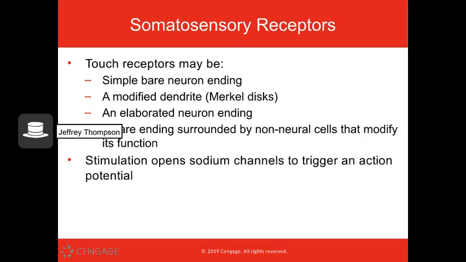They can be a simple bare neuron ending. They can be a modified dendrite, referred to as a Merkel disc. They can be an elaborated neuron ending, or they can be a bare ending surrounded by non-neural cells that modify the function. This stimulation of any of these cells will open sodium channels to trigger, you guessed it, an action potential.